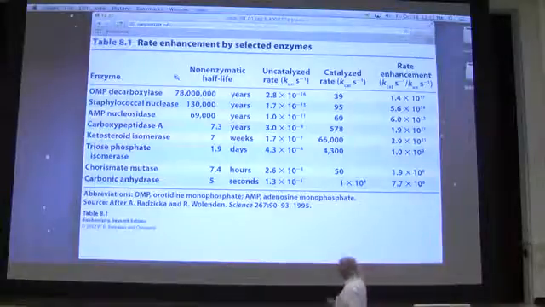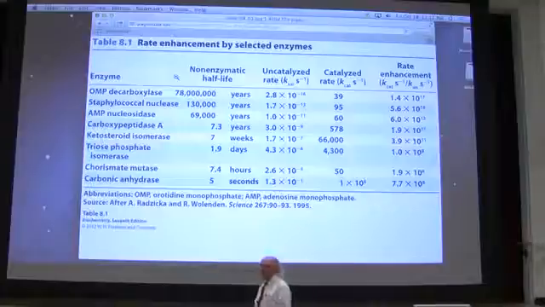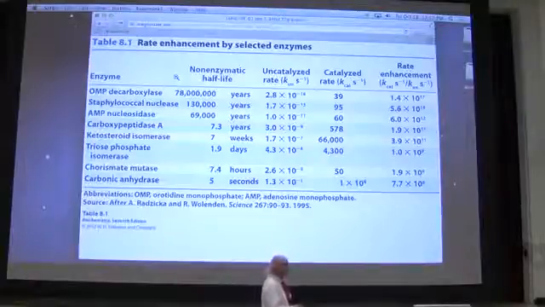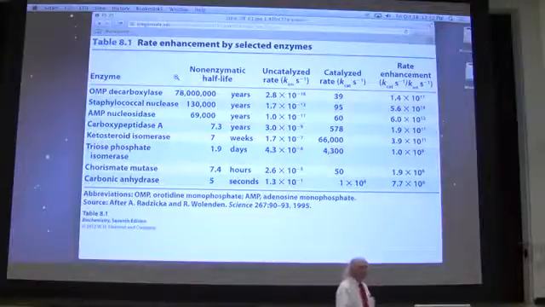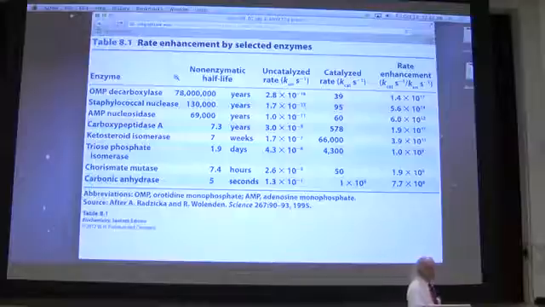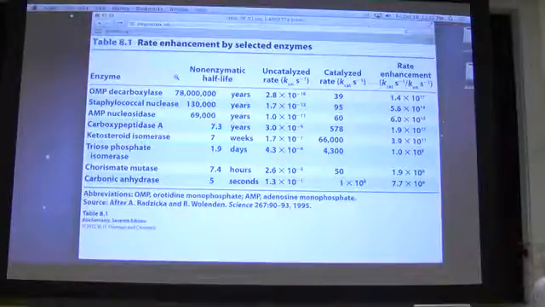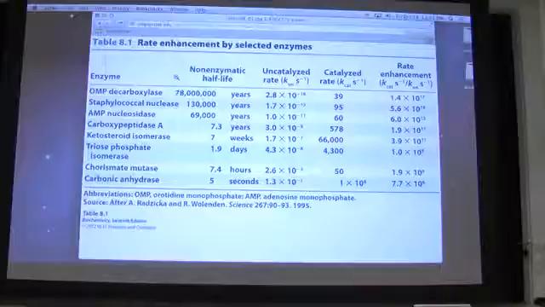Now, when we look at what this enzyme does when we add it to the solution, the enzyme catalyzes the reaction at the rate of 39 molecules of product per molecule of enzyme per second. All right? Well, if we do the math and we calculate all this, what we discover is that this is an enhancement. That is, how many times faster it's actually doing it. The enhancement is 1.4 times 10 to the 17th.